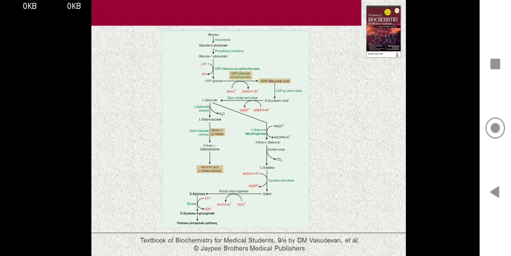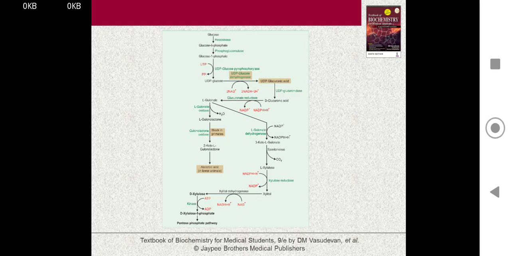In this pathway, UDP glucose is converted with the help of the enzyme UDP glucose dehydrogenase to UDP glucuronic acid. With the help of UDP glucuronidase, it is converted into D-glucuronic acid. D-glucuronic acid is converted with the help of the enzyme glucuronate reductase to L-gulonic acid, which is converted into L-gulonolactone in certain species.